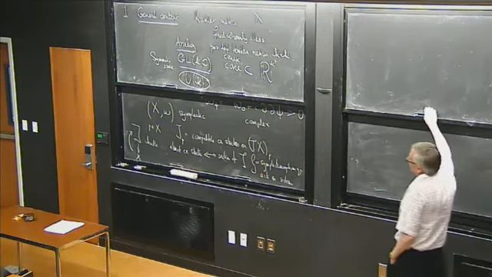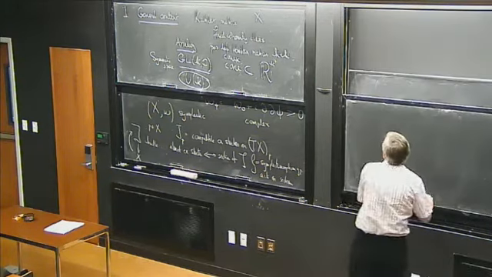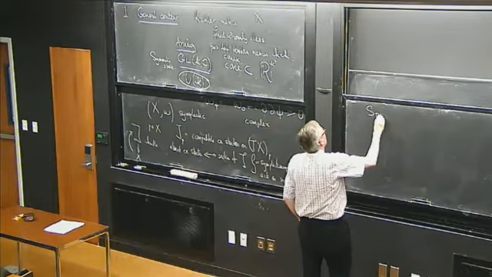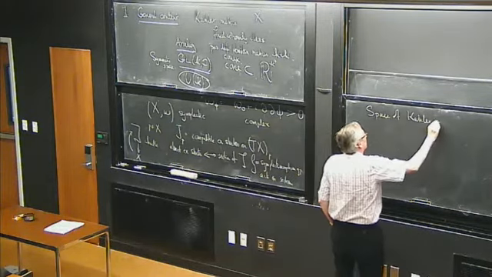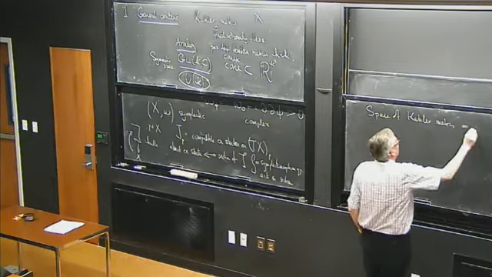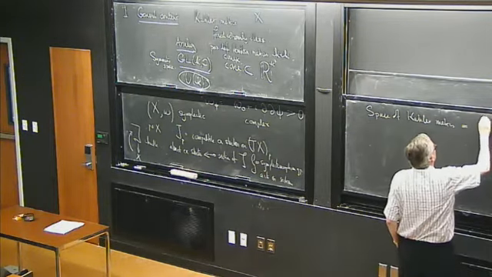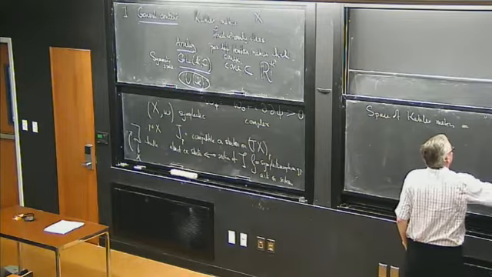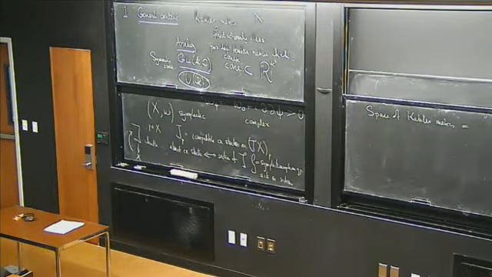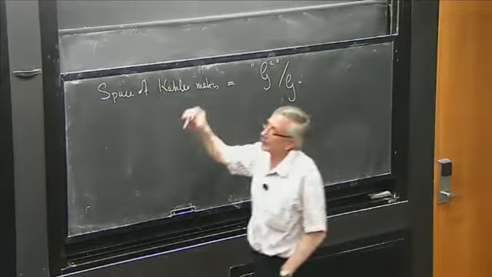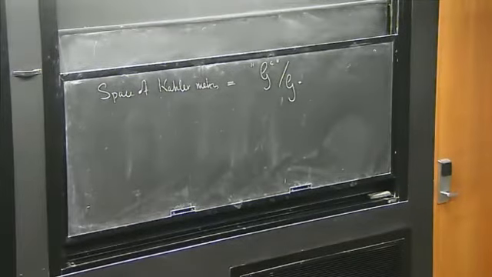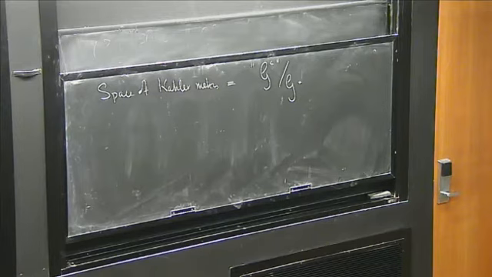And the space of Kähler metrics we could write as, say, G^C over G, by which I mean that this complexified group doesn't actually exist, but nevertheless the symmetric space structure which it would have if it did exist is something that one can define.